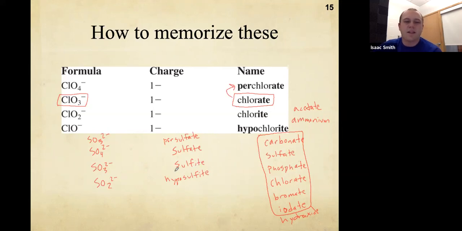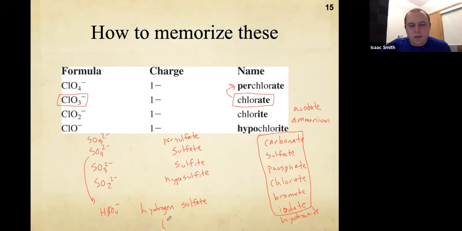The only other thing you need to remember is sometimes there's a hydrogen added to these. For example, if it was SO4 2-, by adding a hydrogen you're actually adding a positive charge, so it goes from -2 to -1. All you do is add the word hydrogen in front: hydrogen sulfate.